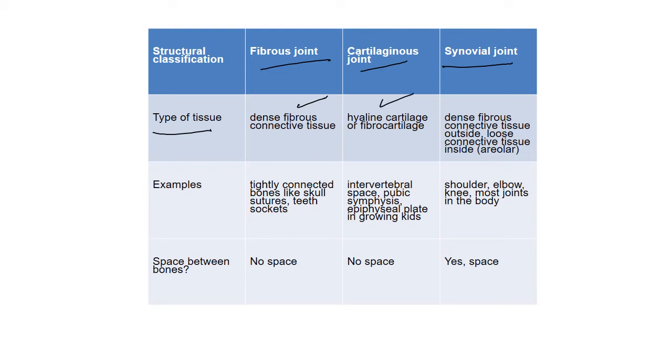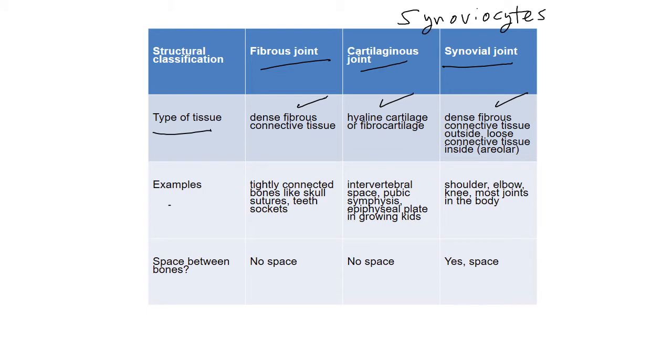In a synovial joint, dense fibrous connective tissue outside and loose connective tissue inside. That areolar connective tissue on the inside of a synovial joint contains synoviocytes, which actually make the synovial fluid.